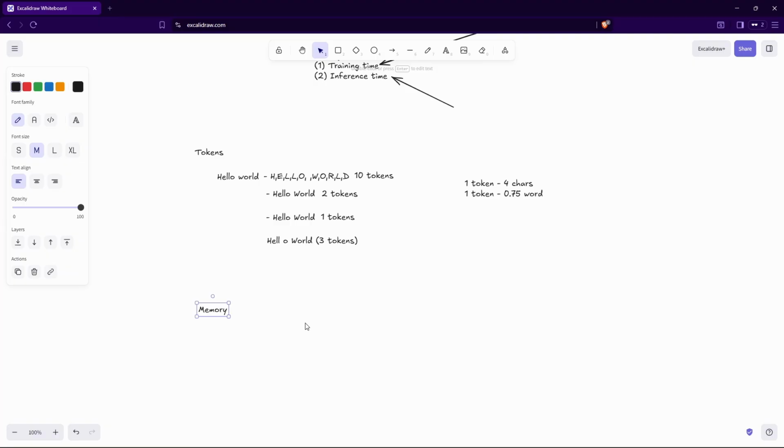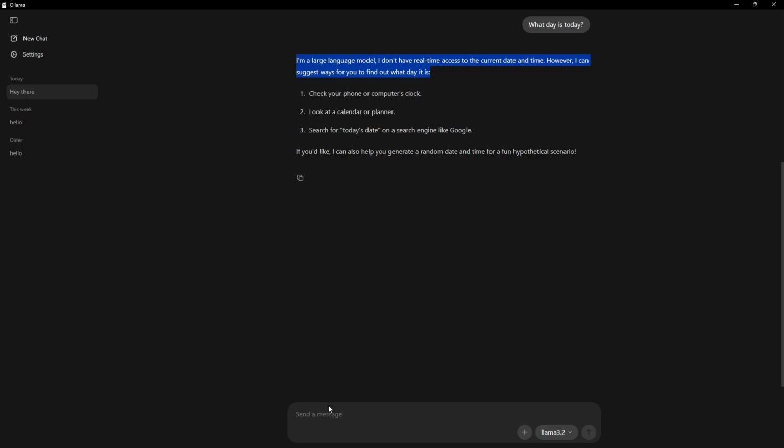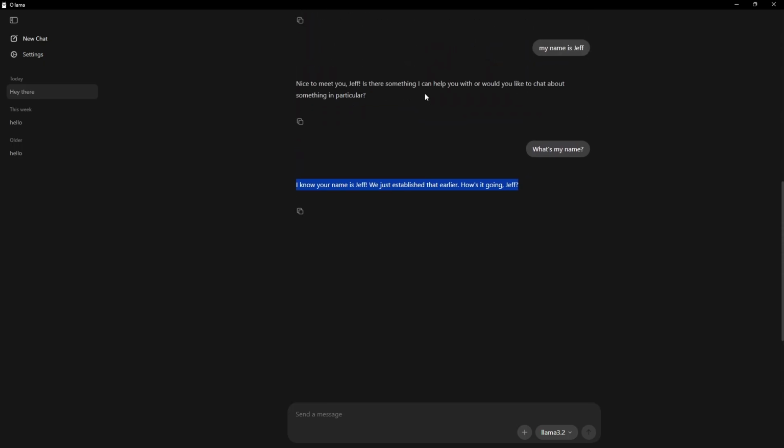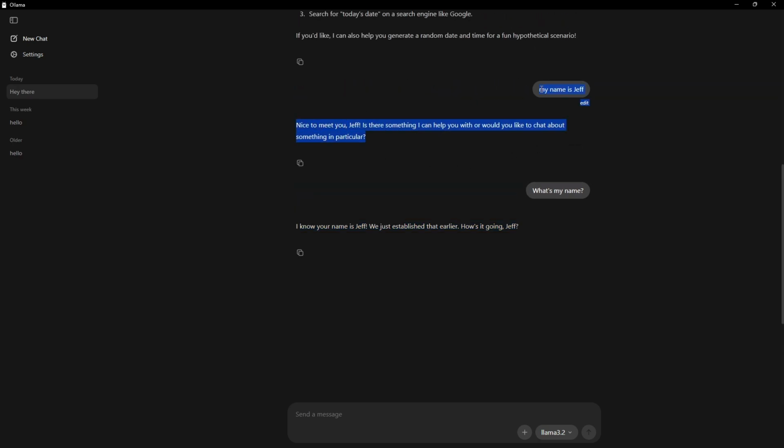If you don't pass this history in the API call, it won't remember. If you go now to Ollama and I say, my name is Jeff, and I ask what's my name, the reason why it knows is that, as a built-in functionality, Ollama is passing all of this history before.